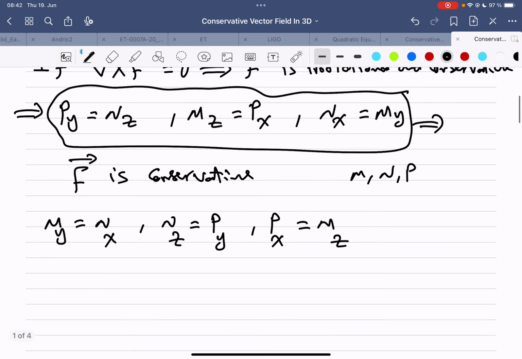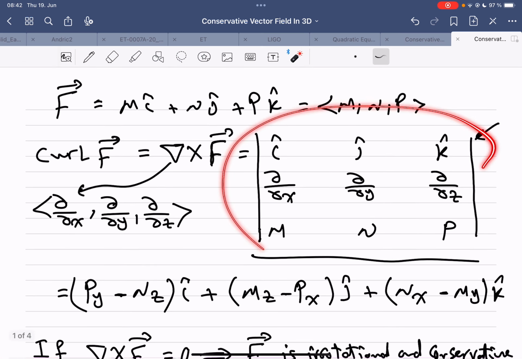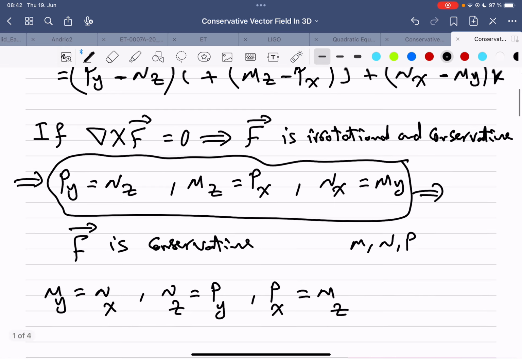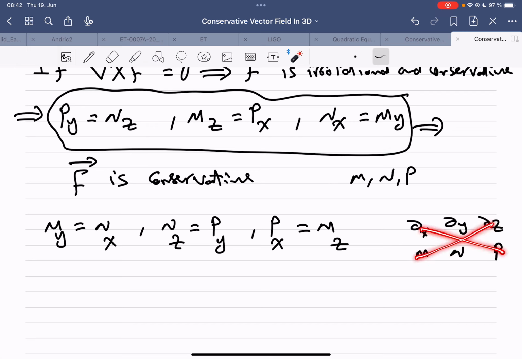Or you can remember it using, instead of writing all this determinant, you just write dx, dy, dz, M, N, P, and then you need Py equal Nz, you need Px equal Mz, and you need Nx equal My.